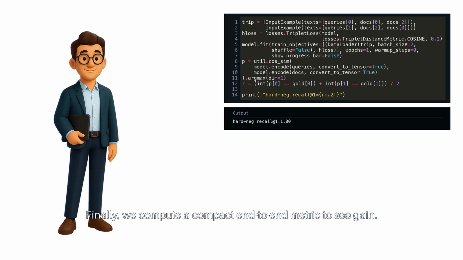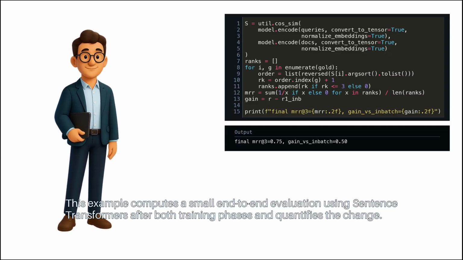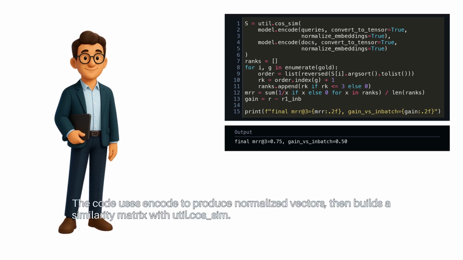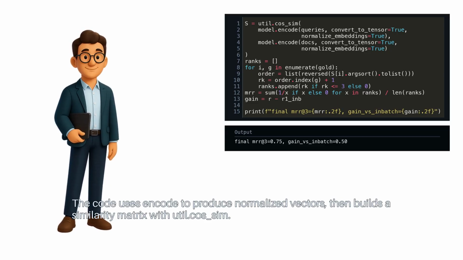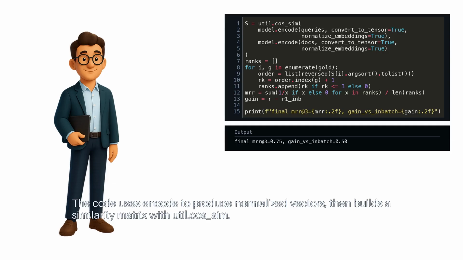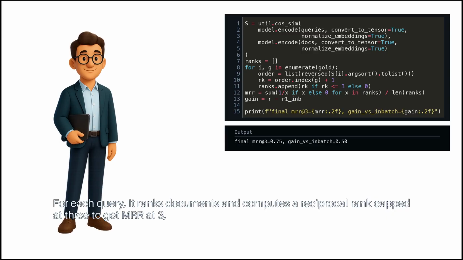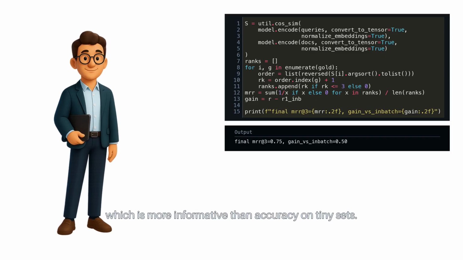Finally, we compute a compact end-to-end metric to see gain. This example computes a small end-to-end evaluation using sentence transformers after both training phases and quantifies the change. The code uses encode to produce normalized vectors, then builds a similarity matrix with util.cos_sim. For each query, it ranks documents and computes a reciprocal rank capped at 3 to get MRR at 3, which is more informative than accuracy on tiny sets.